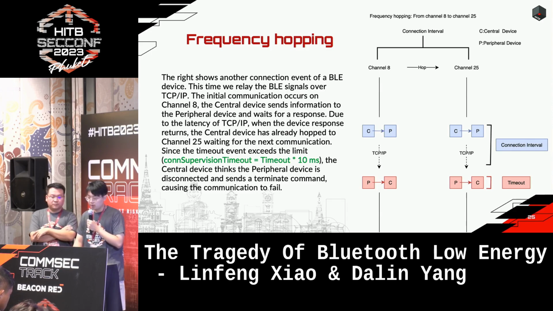Due to the latency of TCP/IP, when the device response returns, the central device has already hopped to channel 25, waiting for the next communication. Since the timeout exceeded the limit, the central device thinks the peripheral device is disconnected and sends a terminate command, causing the communication to fail.